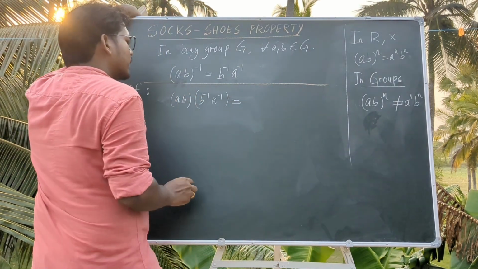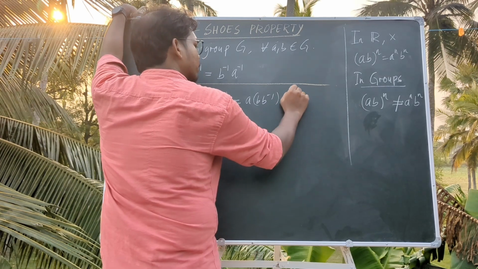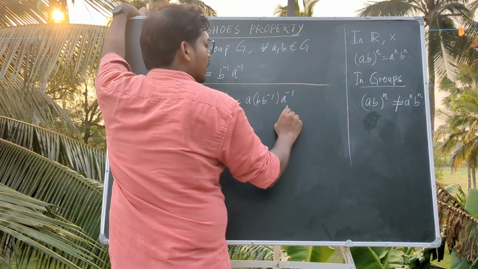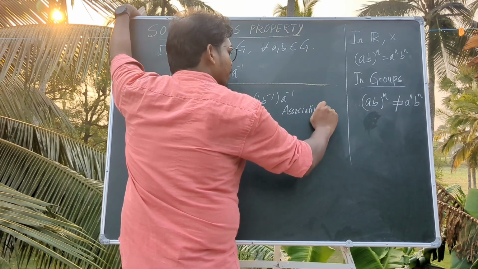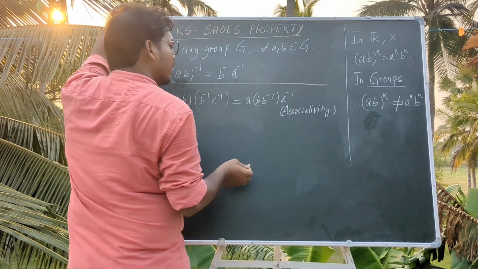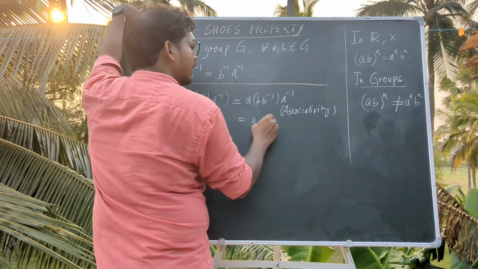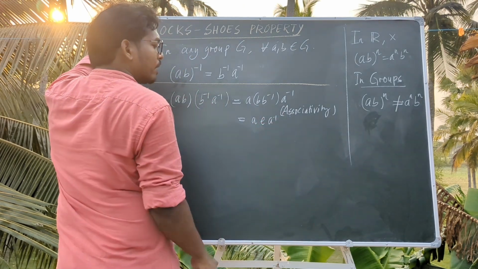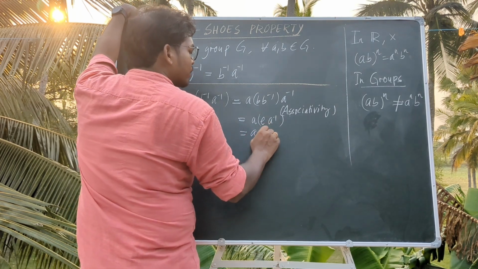This is the same as a b b^-1 a^-1 by the property of associativity. And this is the same as a identity a^-1, which is the same as a a^-1.